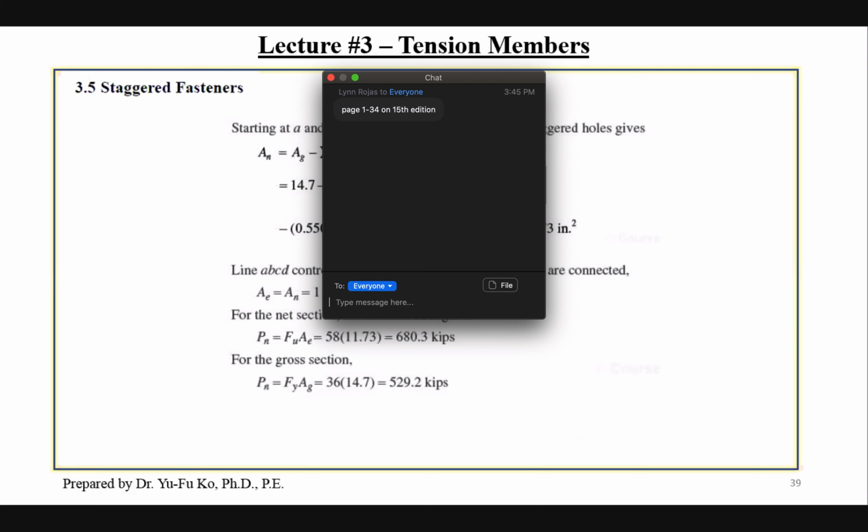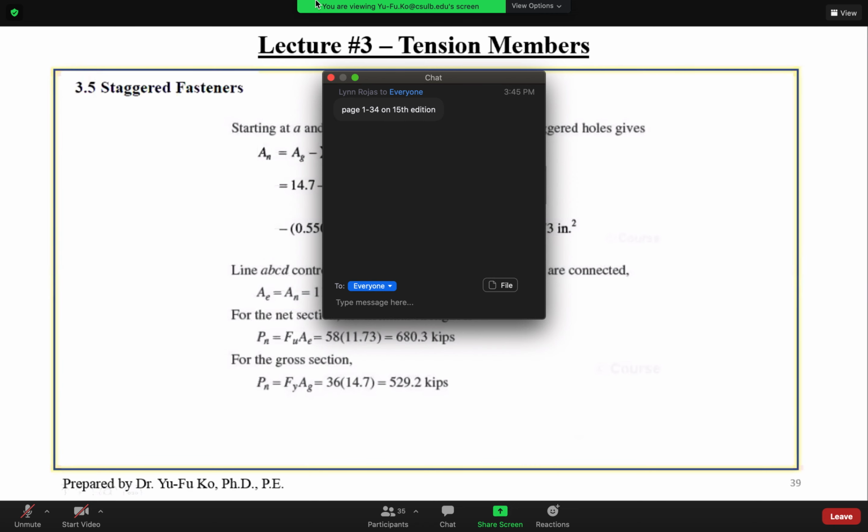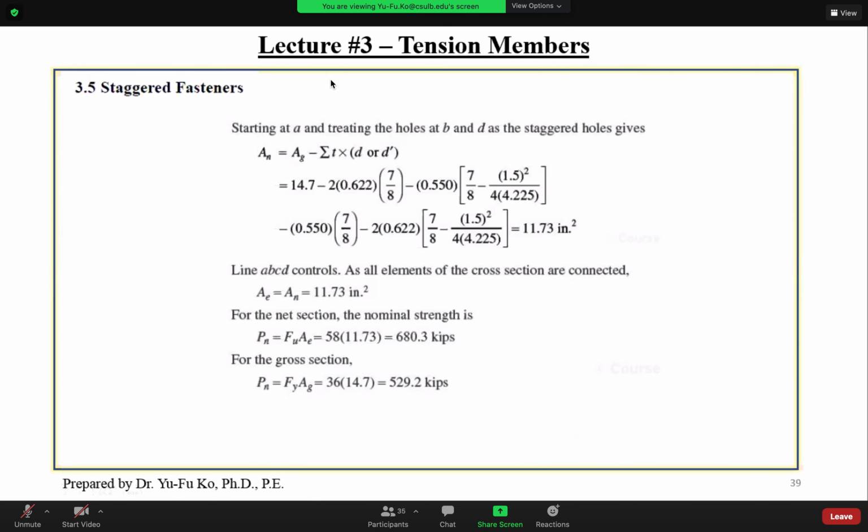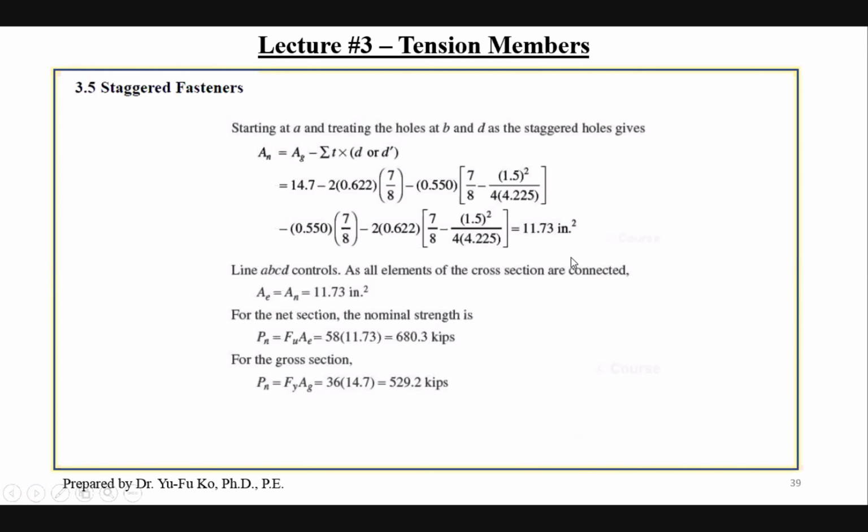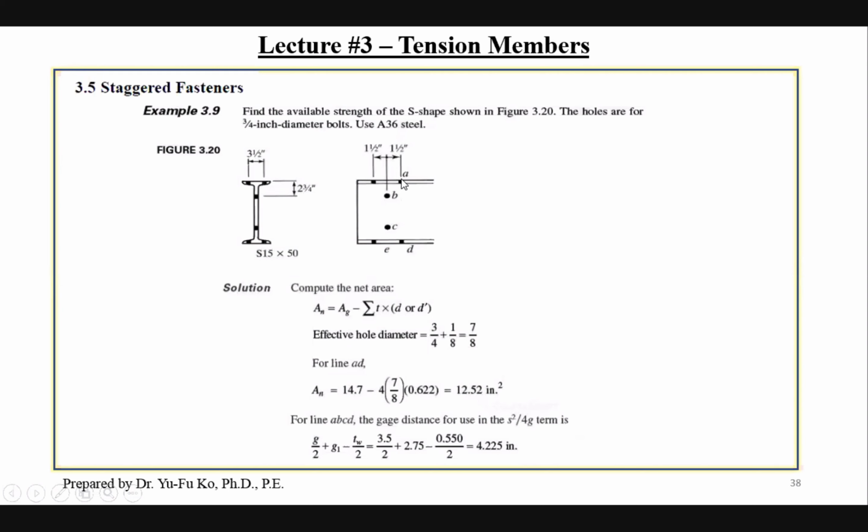The gross area is 14.7 minus summation T times D or D prime. You have to identify whether the bolts on the failure path are staggered or non-staggered. Let's start from point A and move on to B, C, and D. Starting from the bolts located at point A, for these 2 bolts, are they staggered or non-staggered?